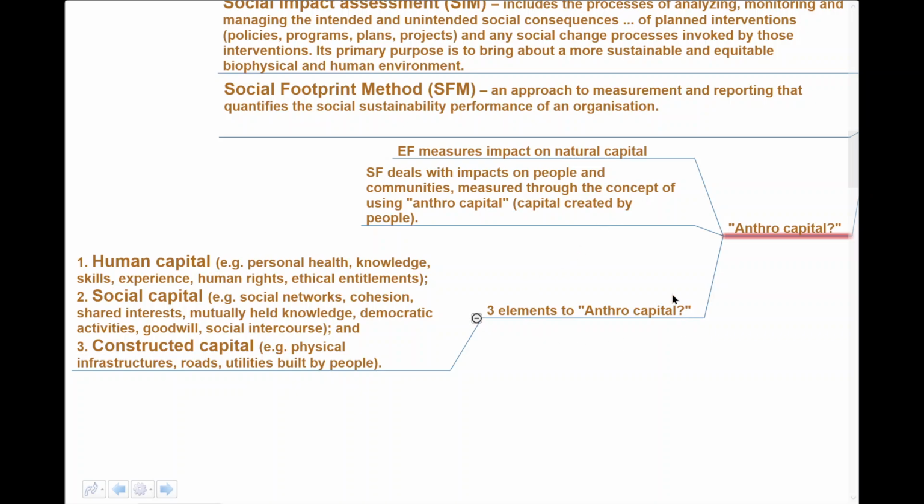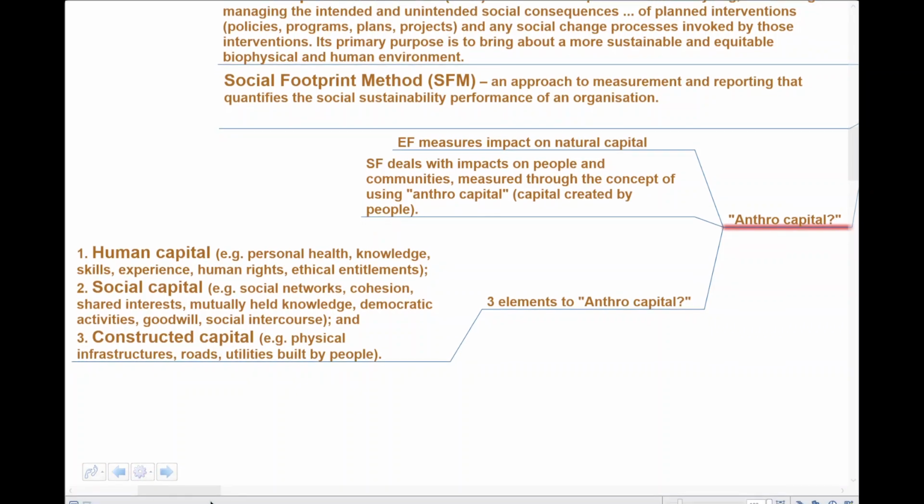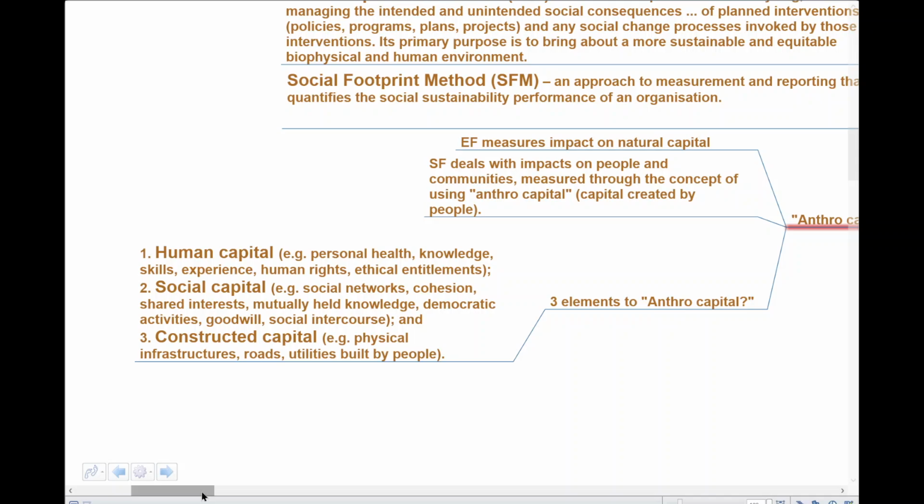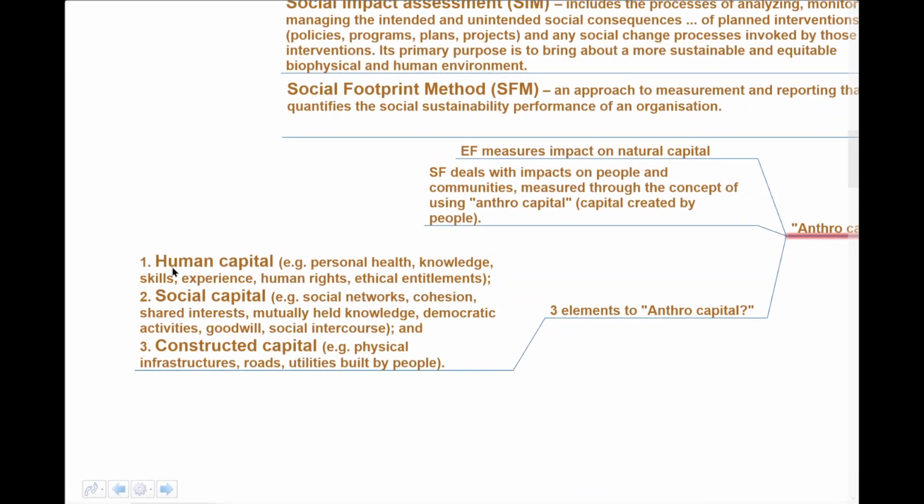Now, there's three main elements to anthrocapital as detailed here. I've taken this directly from the study hub. The first is human capital, i.e. health, knowledge, experience, et cetera, okay? People. The second is social capital.